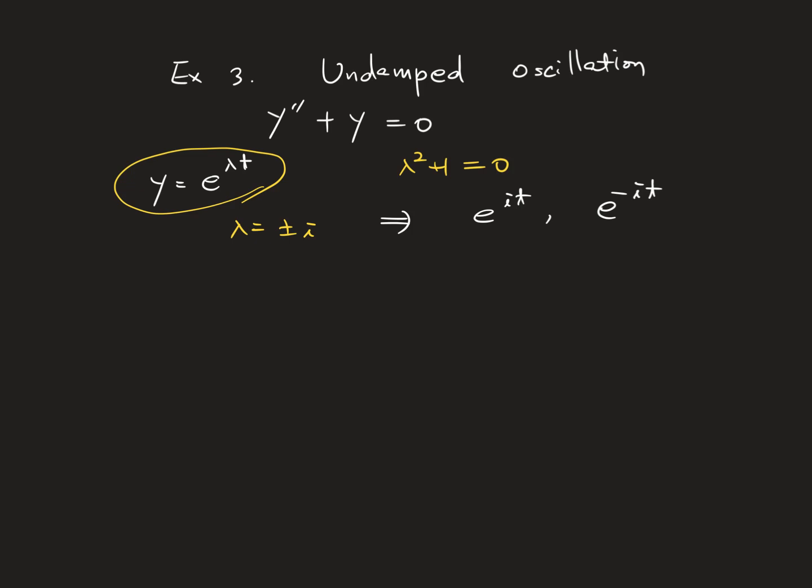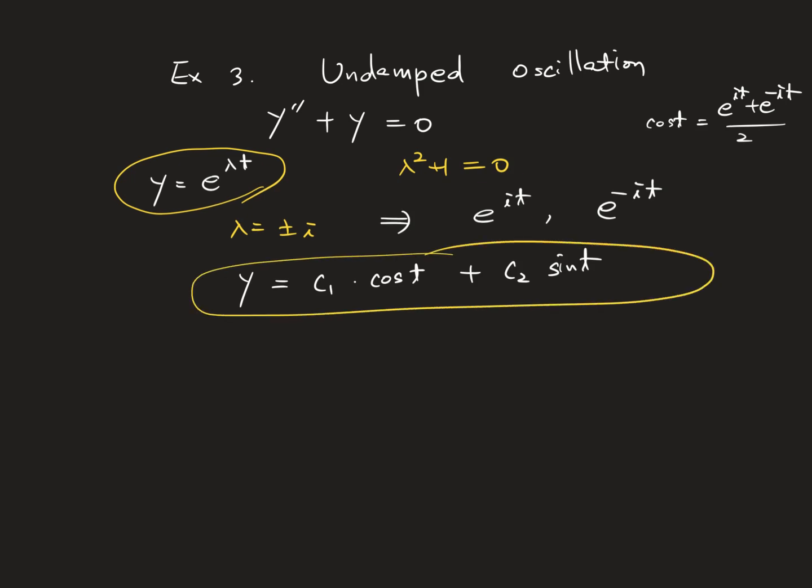Because the solution basis could be cosine and sine, the solution will be c1 cos t + c2 sin t, because cos t is just (e^(it) + e^(-it))/2. And this is the solution for this second order linear differential equation.